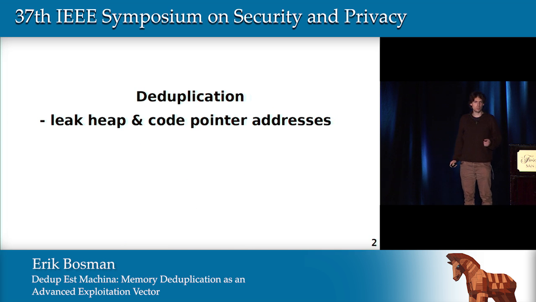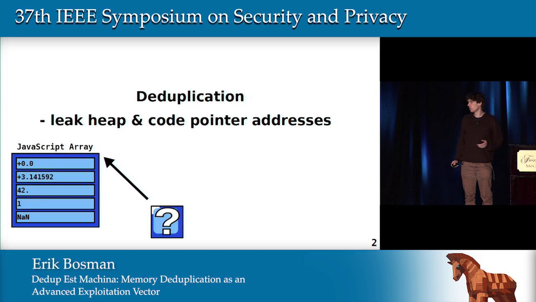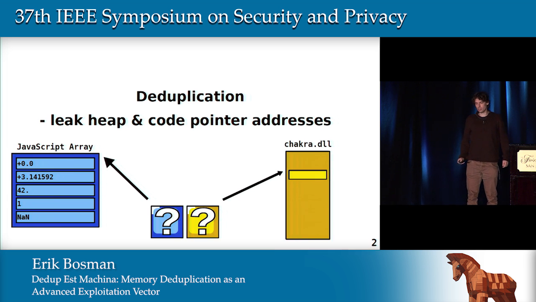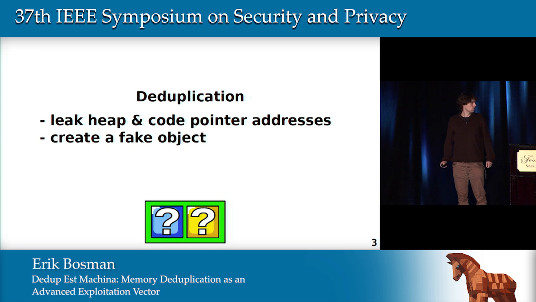We will use the deduplication side channel attack to leak information, so leak a heap pointer to data that we control, and then combine this with a code pointer, a pointer to the browser's JavaScript library, and these two secrets allow us to create a fake object.